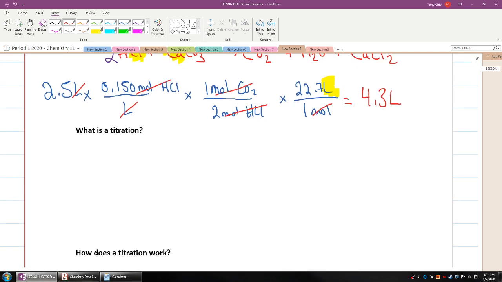Now what we're going to move on to is what we call a titration. It's when we want to solve for an unknown concentration of something. So what is a titration? It's to find the concentration, so in square brackets, writing concentration, of an unknown.